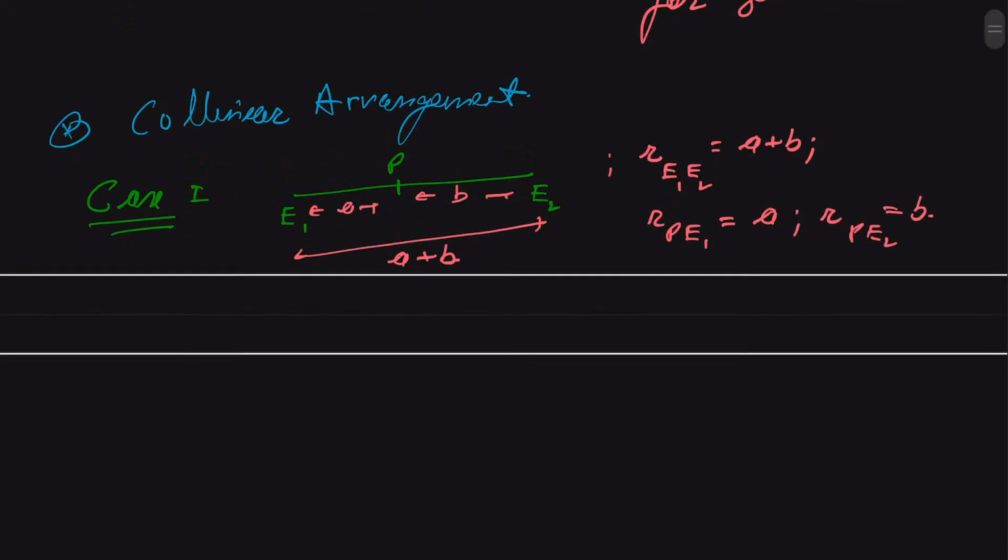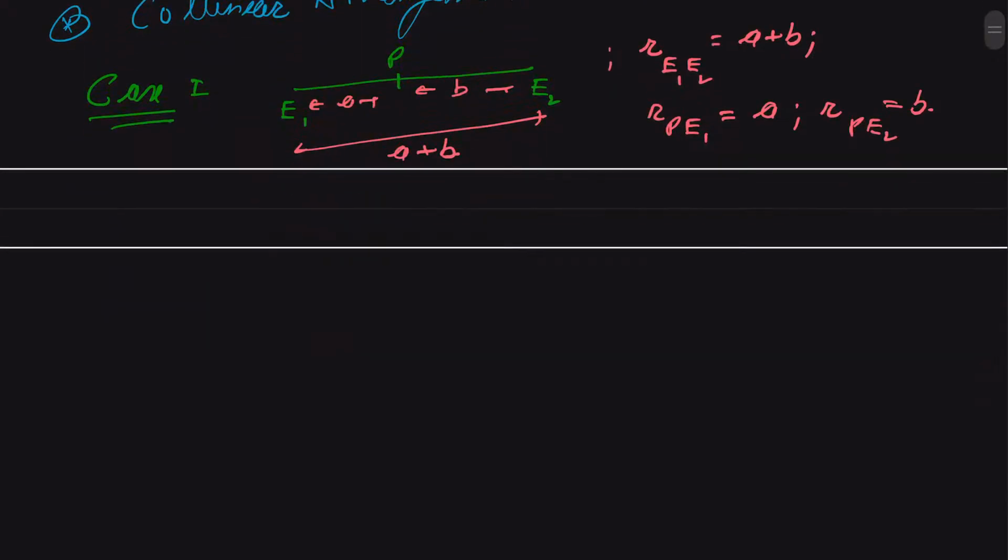Therefore we substitute them and we get 1 upon A plus B is equal to 1 upon A plus 1 upon B, or we can write this as A plus B divided by A times B. And the further solution we can write as AB is equal to (A plus B) whole square. If we try to solve this equation, it will be a quadratic equation and it will have no positive real solutions.